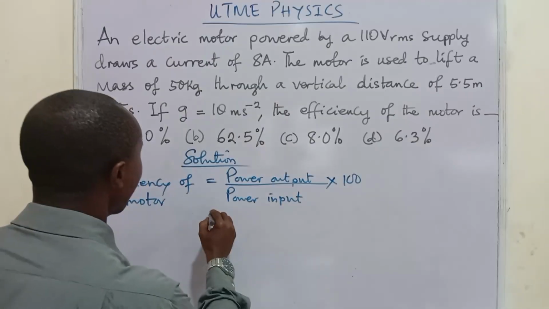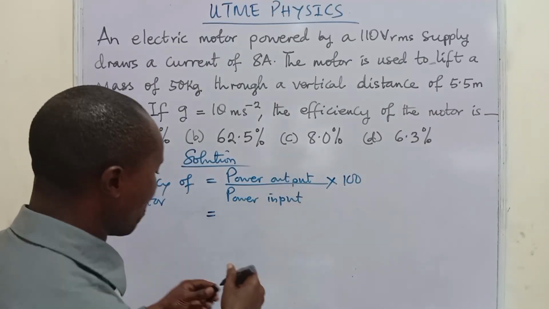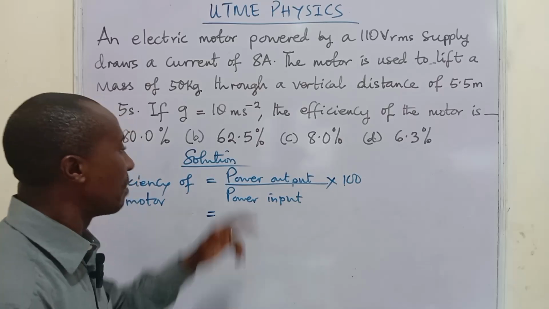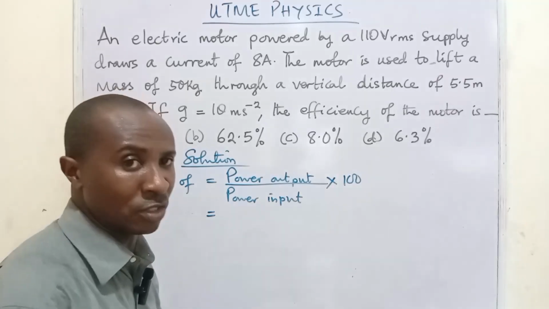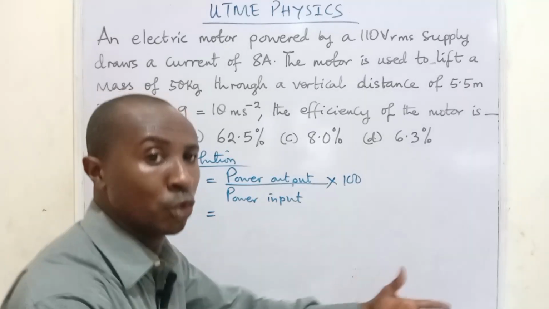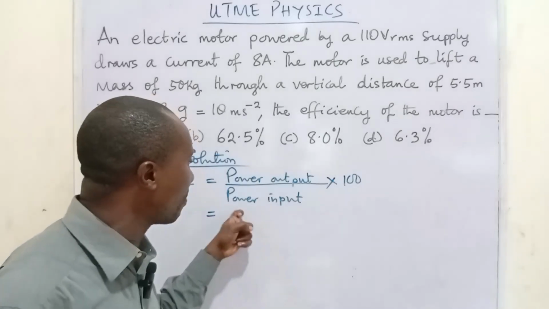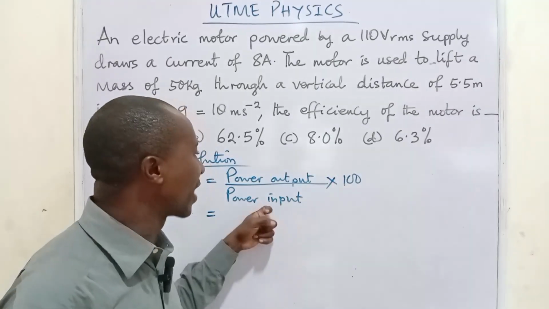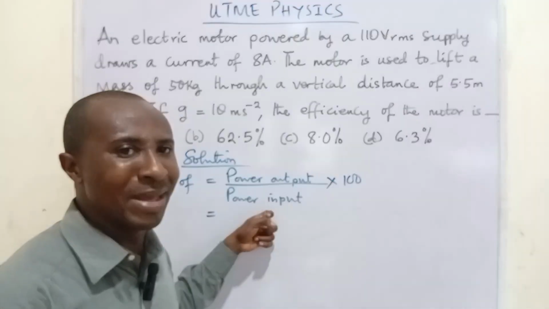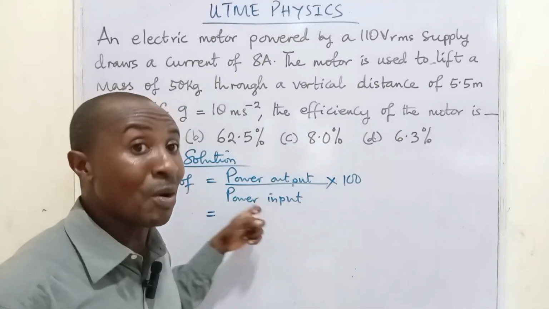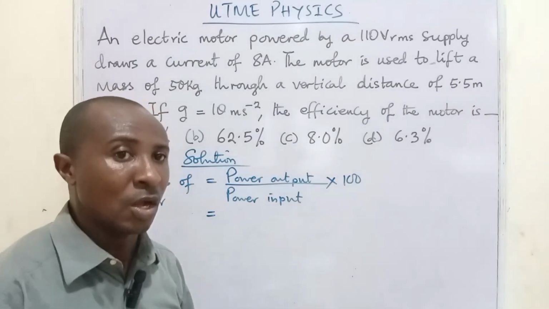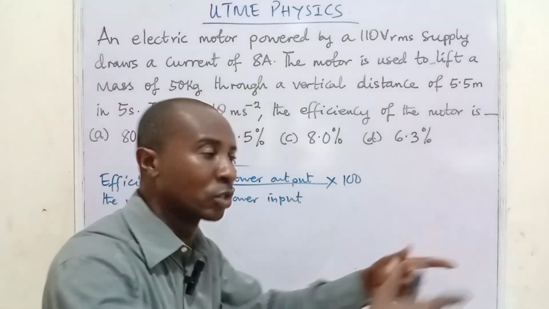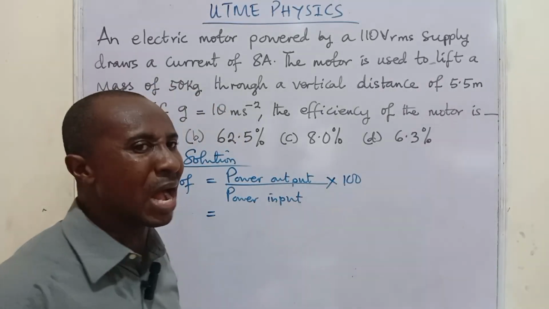Let's break this down. Now, what do we mean by power output and power input? Power output has to do with the result of what is going to come out, or what you want to actually do. But you need power input. What you get from your electrical mains is your power input. What you're going to use that electrical mains to execute is what we call our power output.